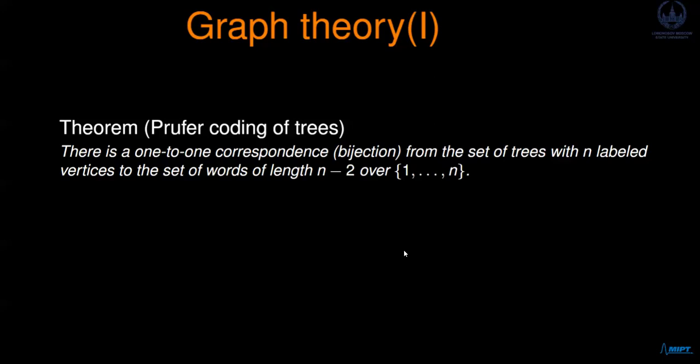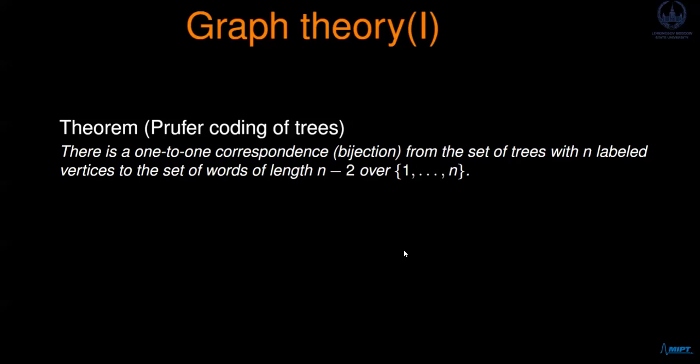The Prüfer code is constructed by iteratively removing the smallest degree 1 vertex from the tree and recording the label of its neighbor, continuing until only 2 vertices remain.